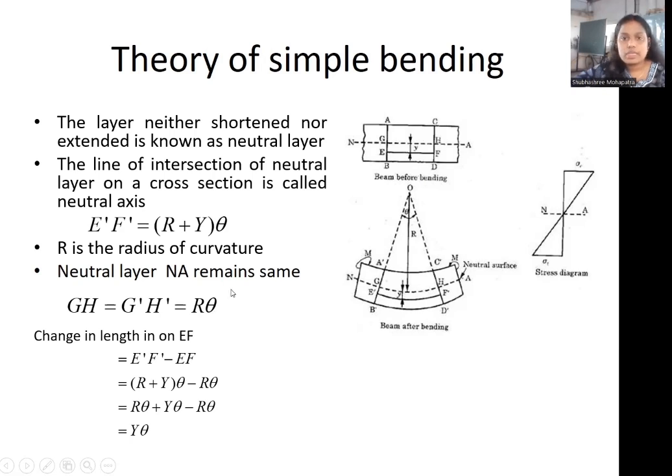So in place of EF, I can write R theta. Here R theta and R theta get cancelled, and we get Y theta.